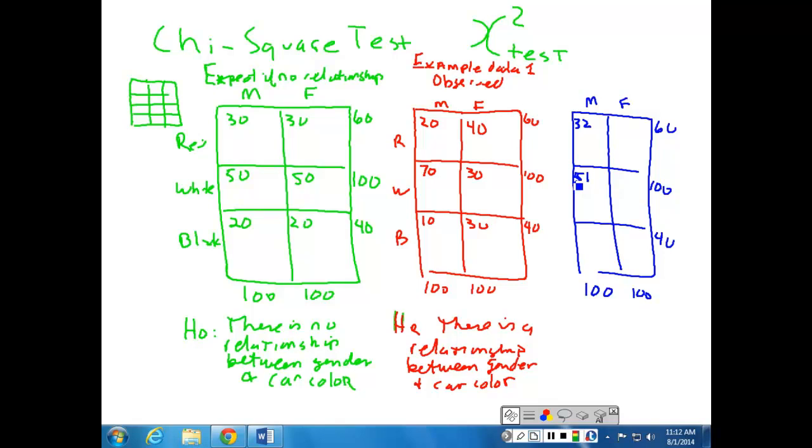I know that this has to be 28 because there were 32 of these. This has to be 49. Let's see, that's got to be 17, and that's got to be 23.